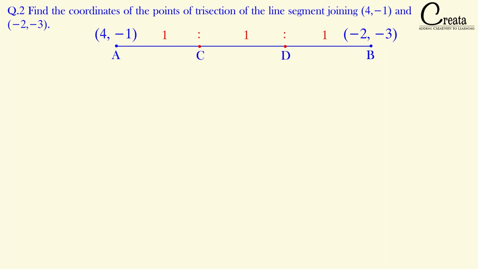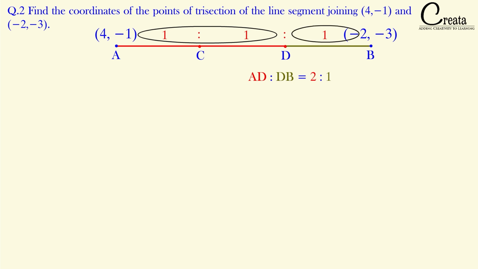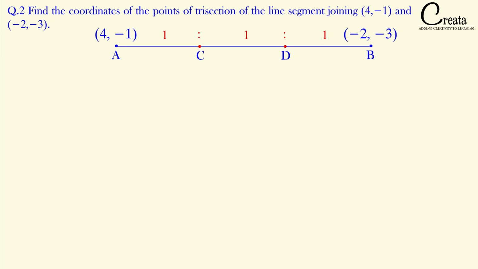So let's proceed with this question. If you observe, the ratio of the 3 segments is 1:1:1. Can we say the ratio of AD to DB is 2:1? Yes, we can say so. This portion is 2 and this portion is 1. Or can we say the ratio of AC to CB is 1:2? Yes, we can say so.